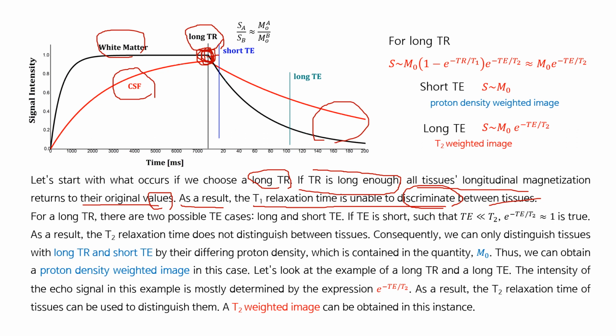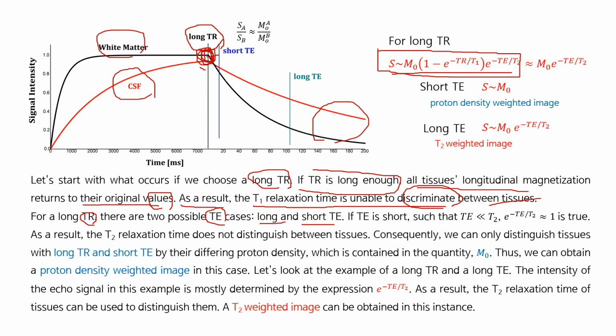So for long TR, there are two possible TE cases, long TE and short TE. So we already had a signal intensity form like this in the spin echo pulse sequence.